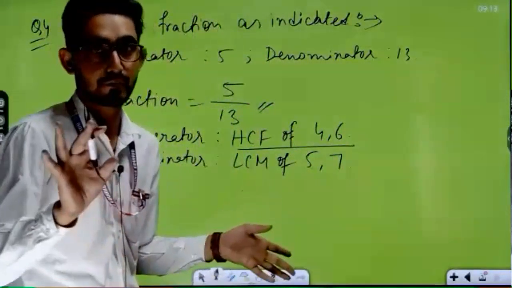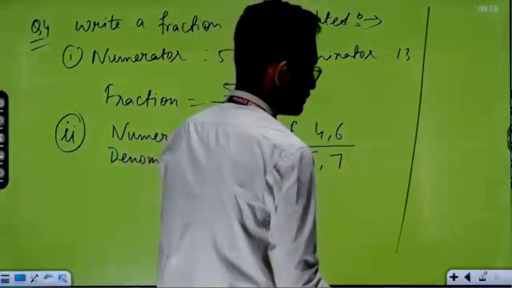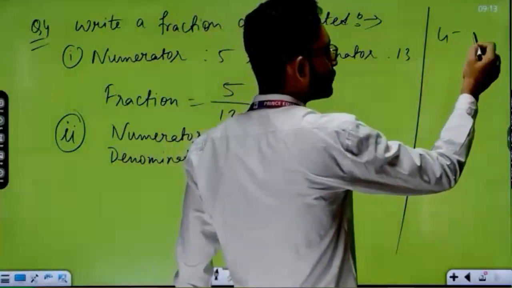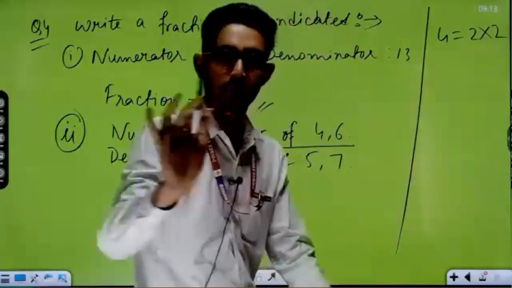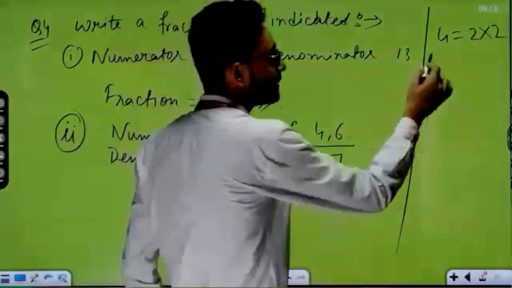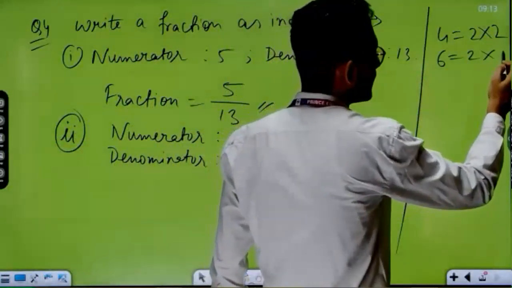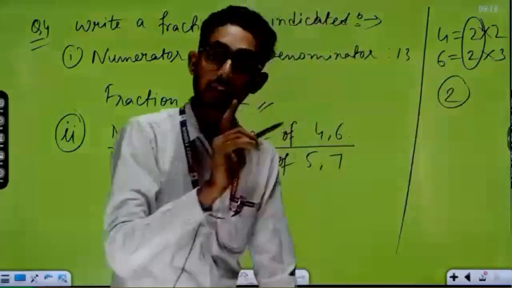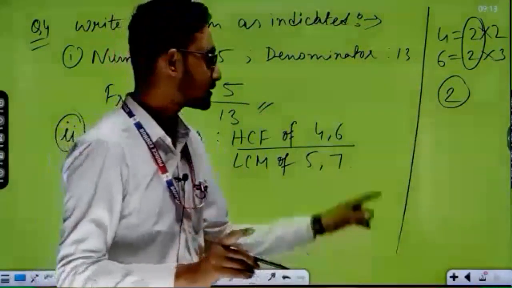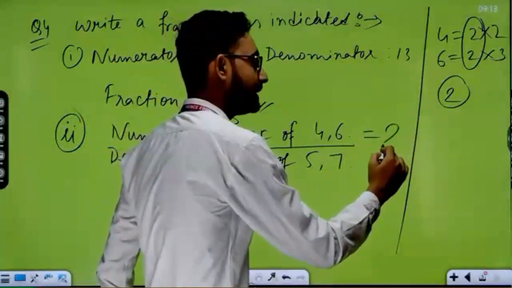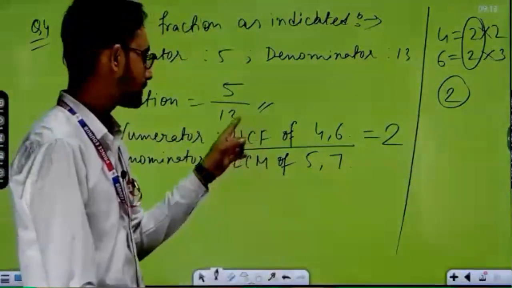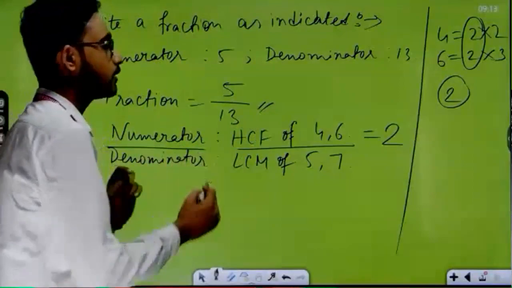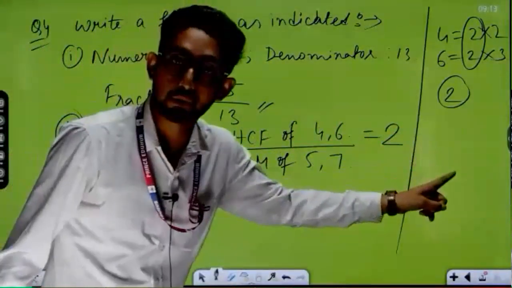How will we find it out, all of you know, right? Let me roughly make it. 4 is equal to 2 multiply 2, and 6 is equal to 2 multiply 3. Now what is the common number? 2 is the common number, and it is the highest common number. That's why we write 2 here, because this is the numerator. Numerator is equal to 2.